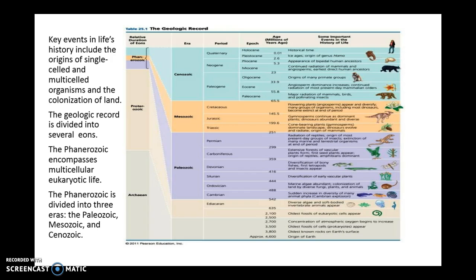We divide geological records into eons. Those eons are grouped, and probably the best way to group things at this point is by extinctions. So you have a new eon starting when a mass extinction occurs, for example between the Permian and the Jurassic.